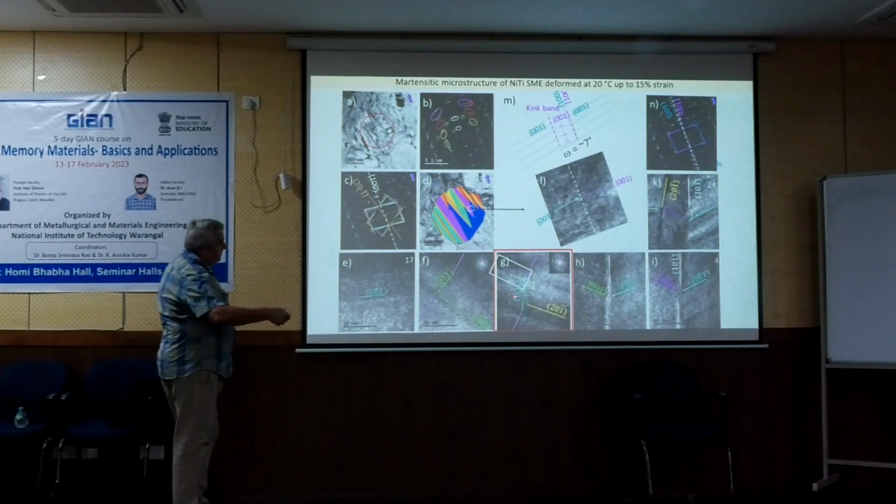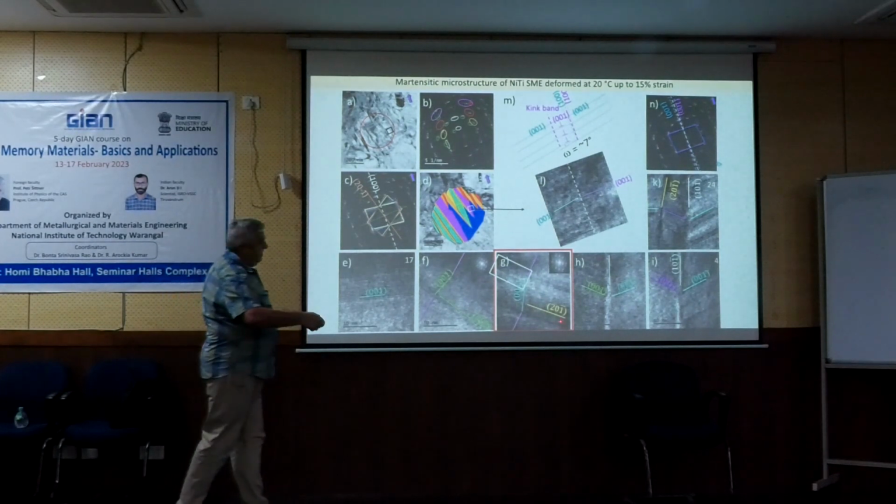But then there are other twins in this microstructure, and what is interesting is that if this is the trace of the (001) plane, and this is the interface, you will find that there is a mirror symmetry across this interface. But okay, here it is not surprising because the lattice is mirror symmetric across this interface.